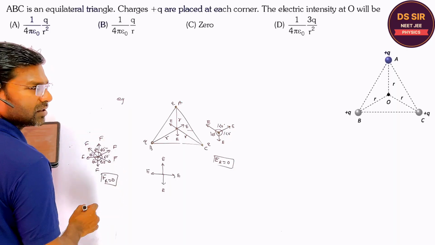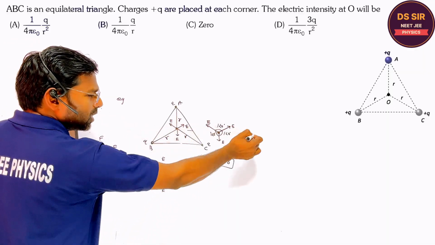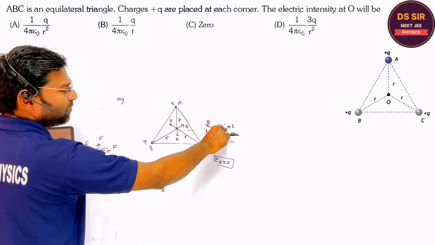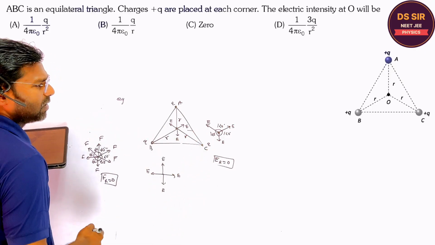In the vector discussion in the very first chapter we have done this. Although you can divide these 3 electric fields into components, the resultant electric field will be 0.